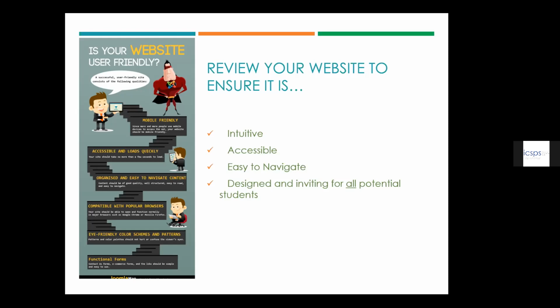Is it designed and inviting for all potential students? Is the imagery that is being used representative of the community that your program is in and of the community that you are marketing and recruiting? Can potential students see themselves represented on your website? Is it accessible? Is it intuitive?